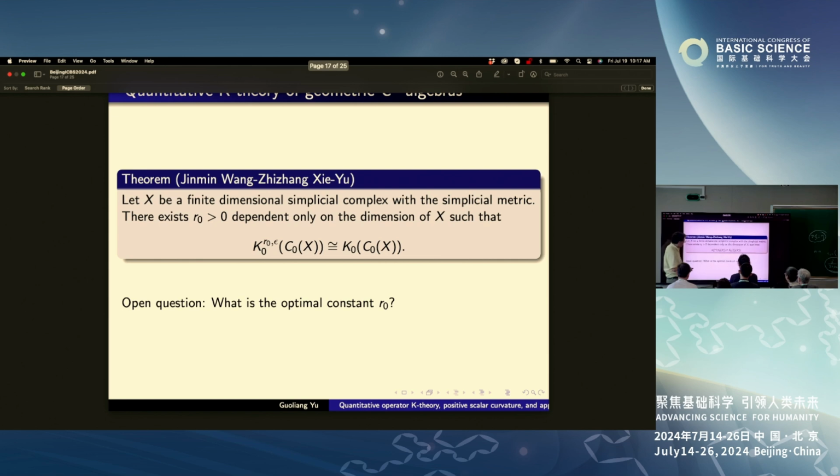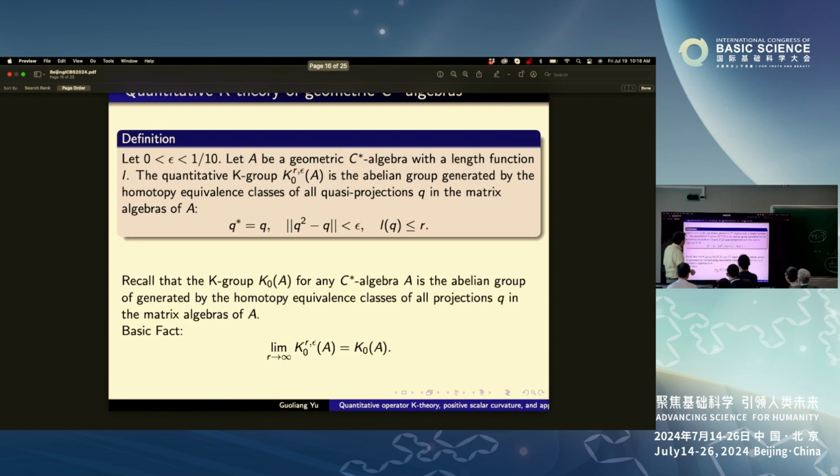Okay, so now this is the language we use to measure the dimension of classical infinite dimensional space. We use the projection, of course. The usual language is K-theory.